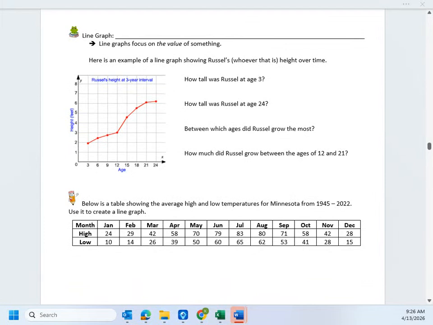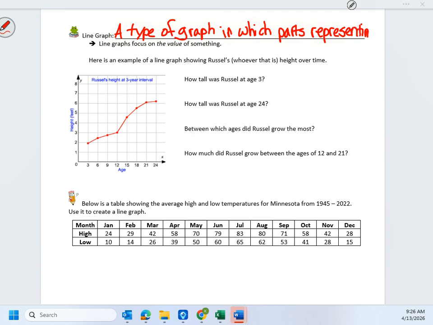So our definition for the line graph is a type of graph in which points representing data pairs are connected by line segments.